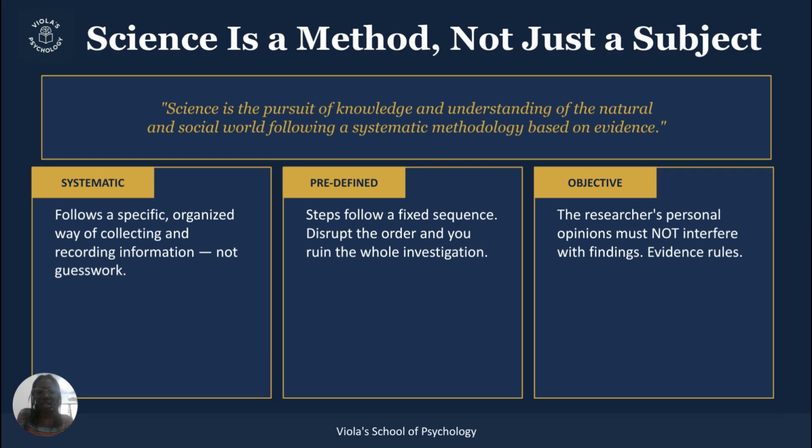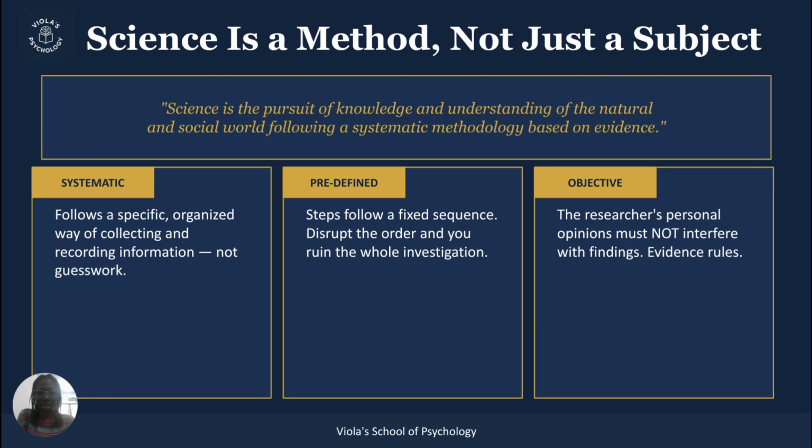So let me give you a textbook definition of that. So what's the textbook definition of science? Science is the pursuit of knowledge and understanding of the natural and social world, following a systematic methodology based on evidence. Now, that was a very massive definition. So let's break it down to what it actually means.